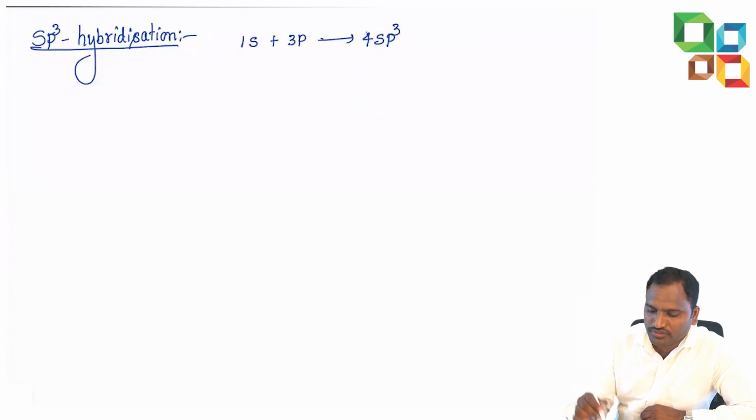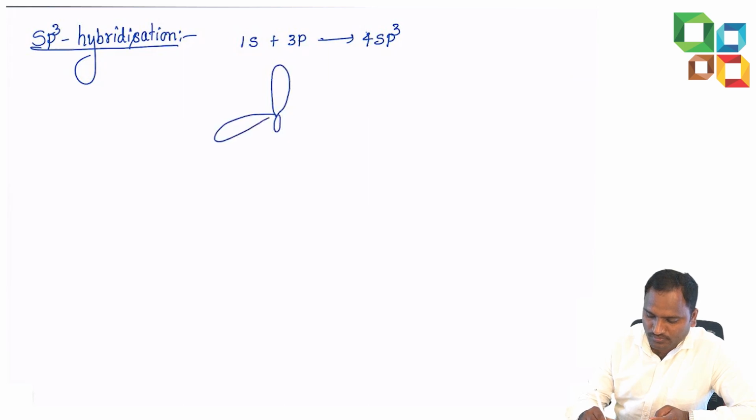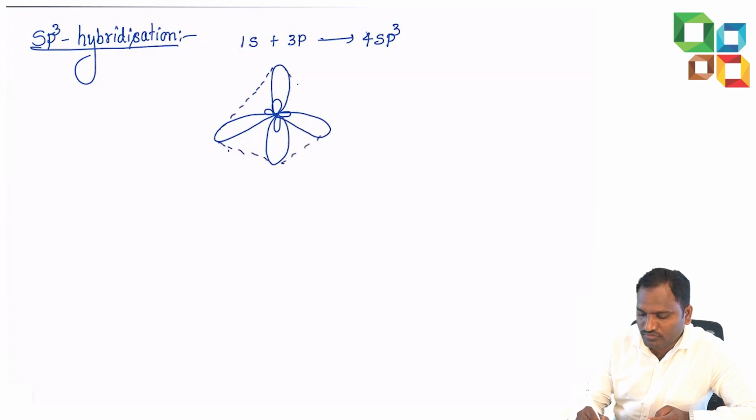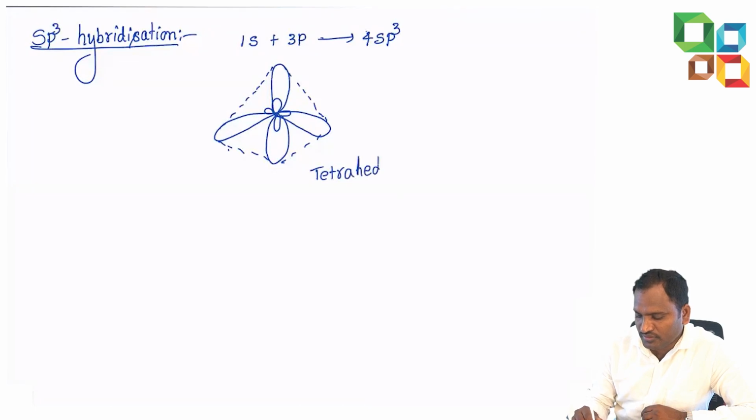Finding it difficult to draw this. Tetrahedral, students, you make it a little proper. 4 hybrid orbitals arranged in tetrahedral. So the bond angle is 109 degrees 28 minutes.